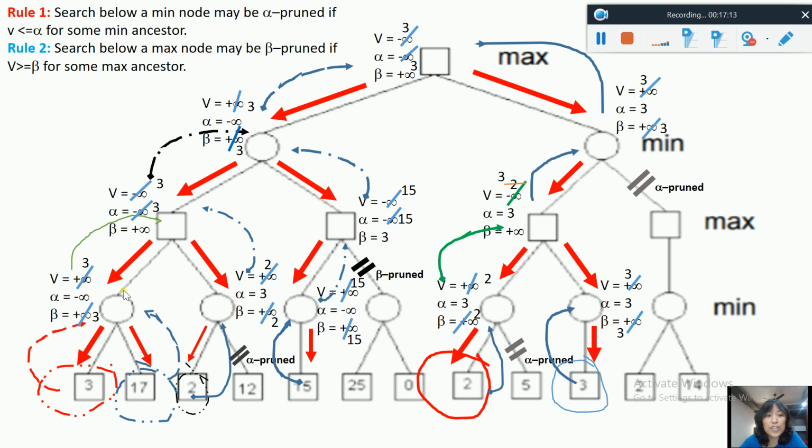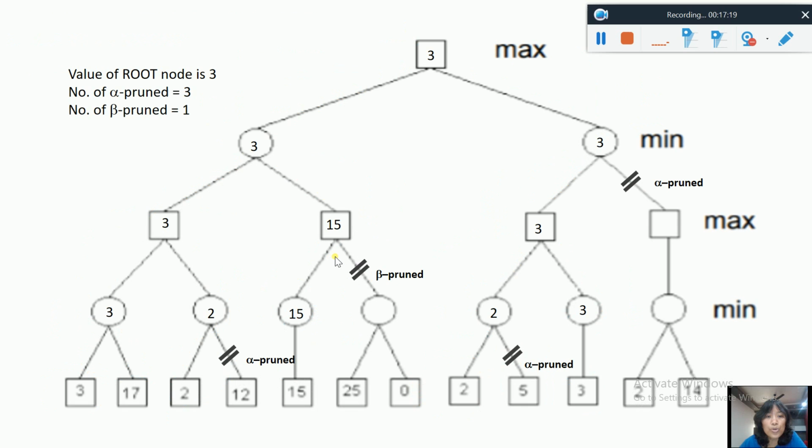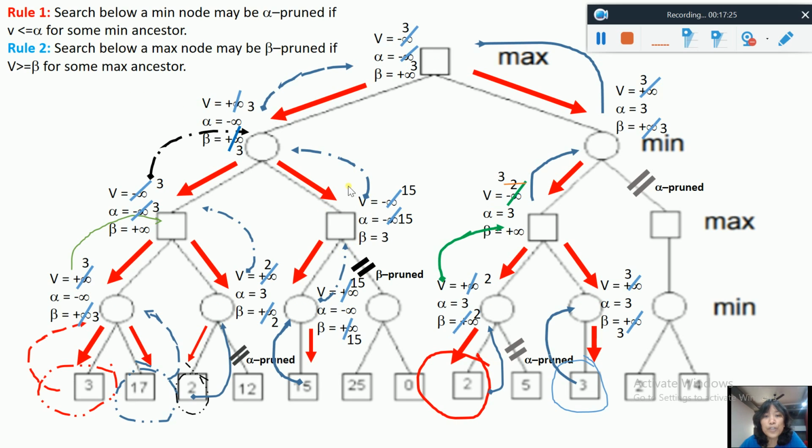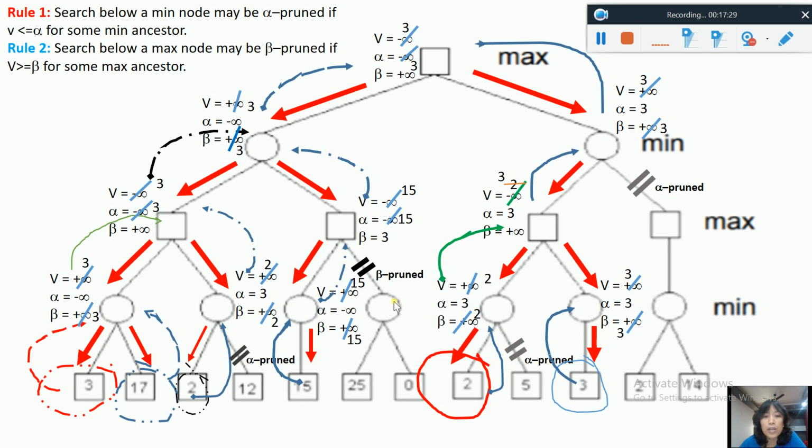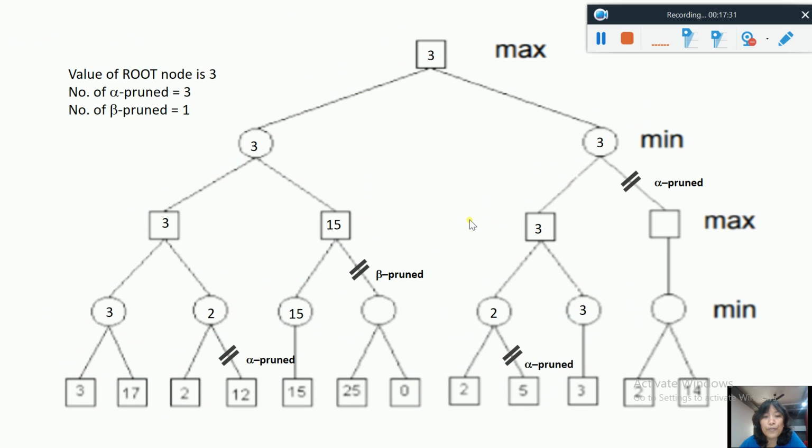The value of this node is 3, so we will mark it 3. The value of this node is 2, so we will mark it 2. This is pruned. The value of this node is 15, so we will mark it 15. The value of this node is also 15, so we will mark it 15. This got pruned, so we don't need to worry about this one.